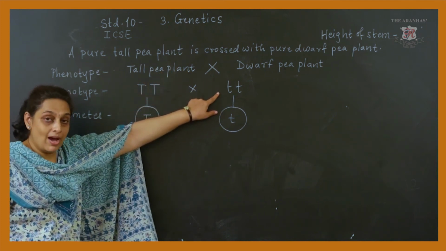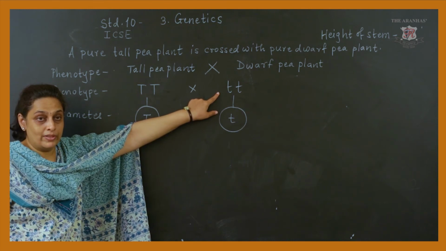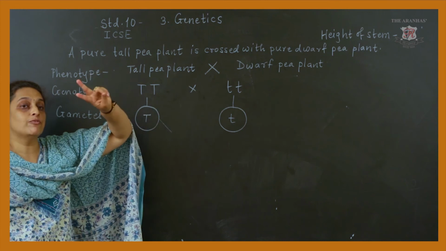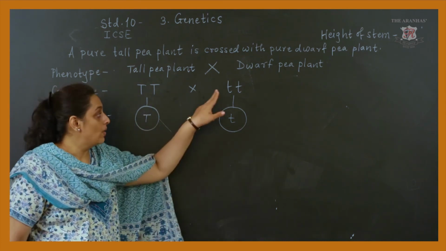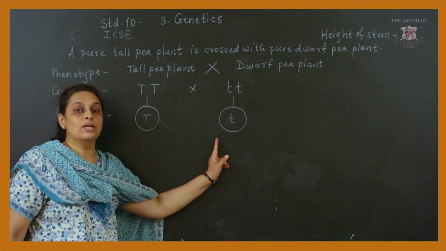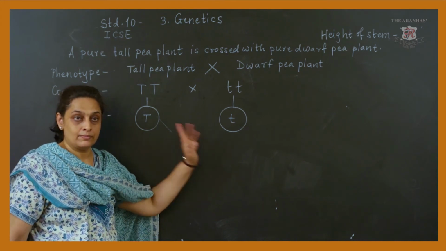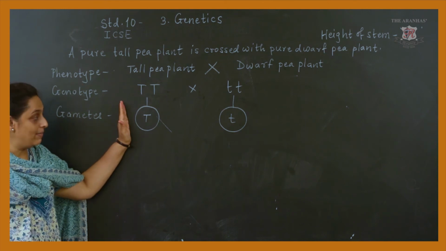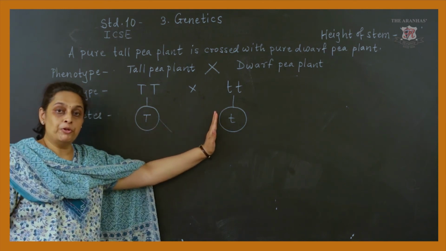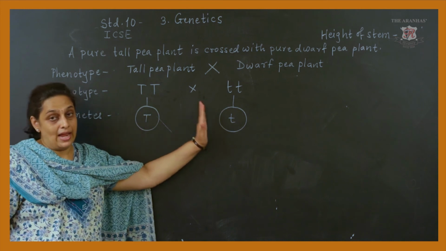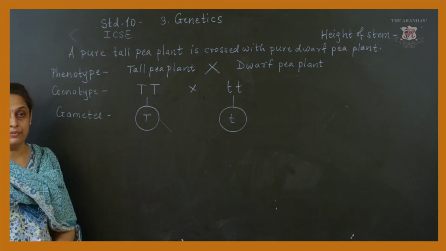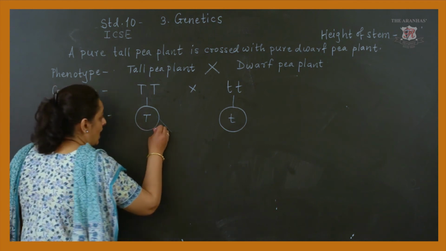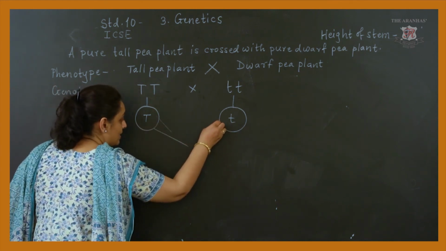Similarly, for a dwarf parent, out of the 2 small t letters, that is out of the 2 genes for dwarfness, only one comes into the gamete. Okay. So, this is going to be male gamete, other is going to be female gamete, and you know that fertilization means there is union of gametes. So, I will show union of gametes.